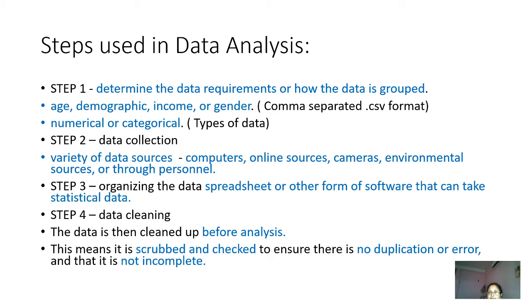Now, the data that we have in our hand can be in comma separated CSV format or some other format as well. Also, we may have numerical data or categorical data. So, these are the two types of data: one is numerical data and one is categorical data.